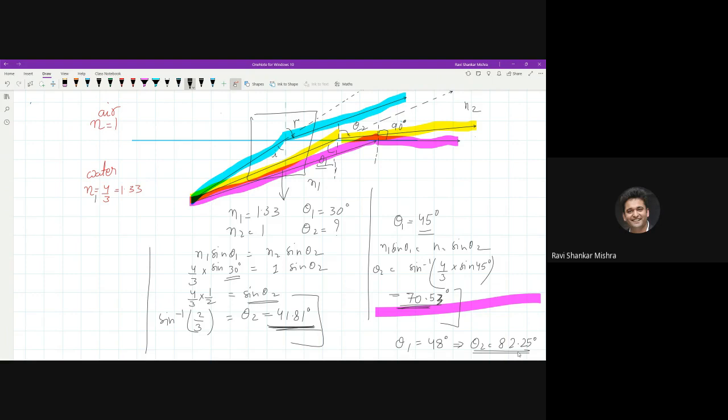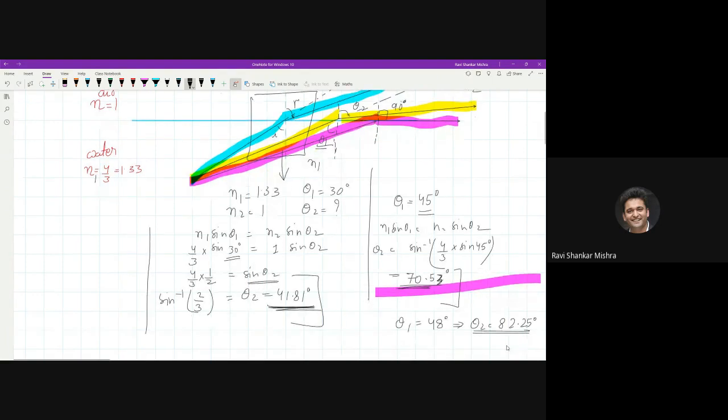Okay, means somewhere little more than 45 degrees, you can get 90 degrees as the angle of refraction, right? What will be that angle? So do it the reverse way. How? So n1 sine theta 1, now we don't know theta 1, right? n2 I know, sine theta 2, that is sine 90 degrees.